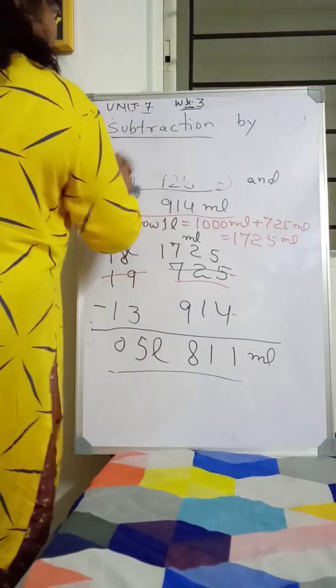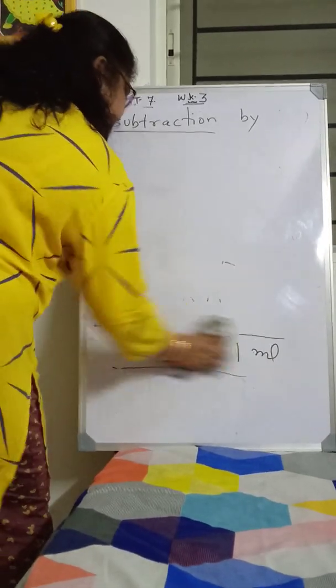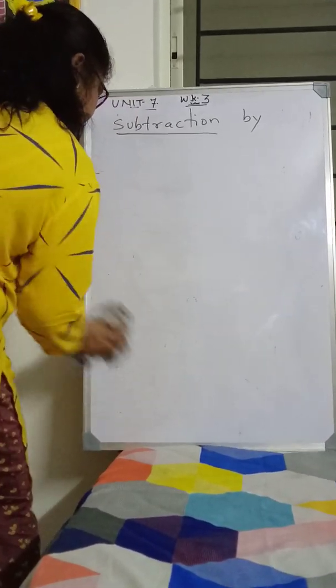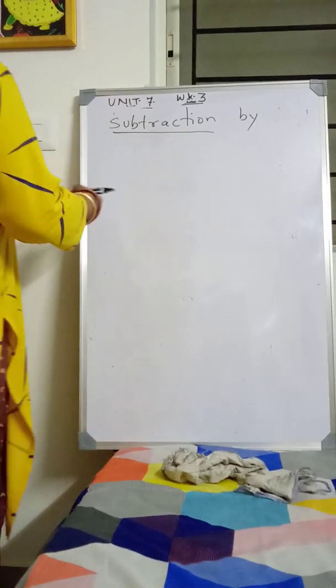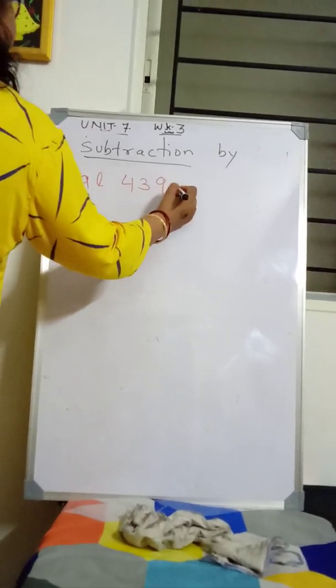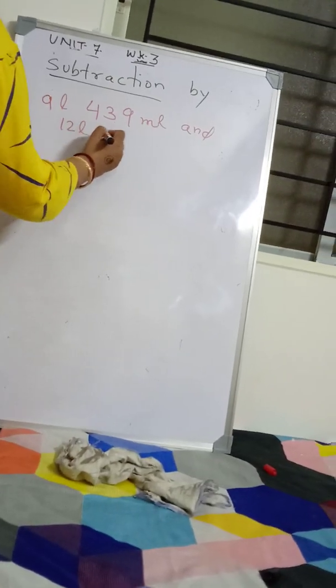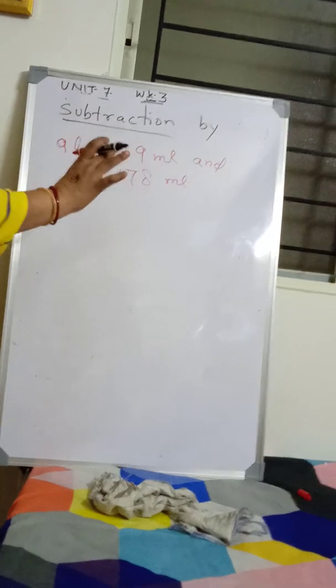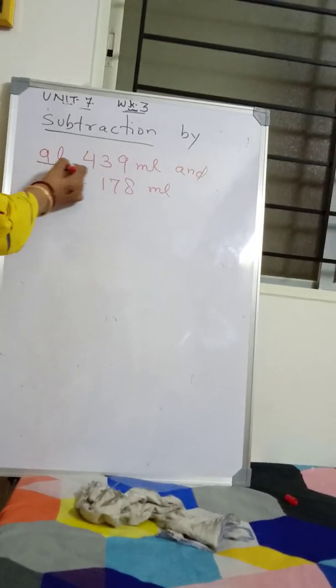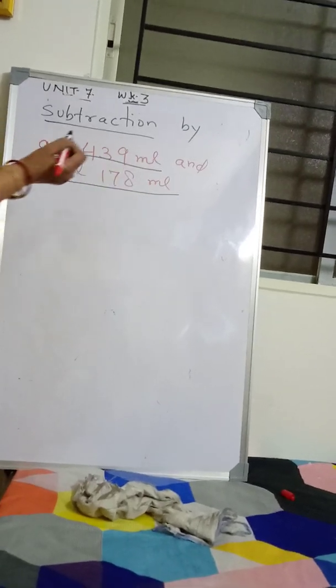Now let us take another example. The example is, children, 9 liter 439 milliliter and 12 liter 178 milliliter. Firstly you will decide which one is more, 9 liter 439 milliliter or 12 liter 178 milliliter.